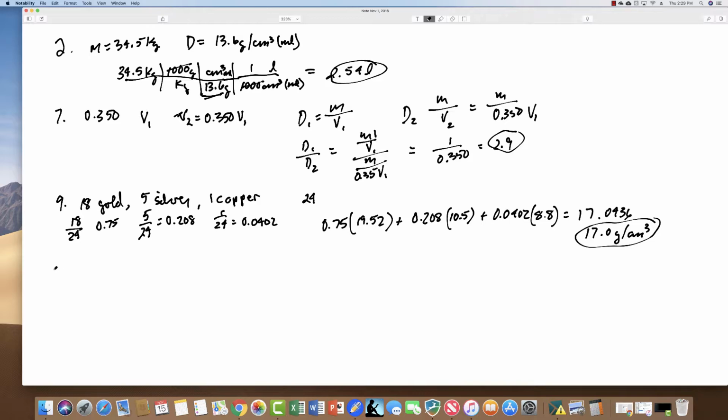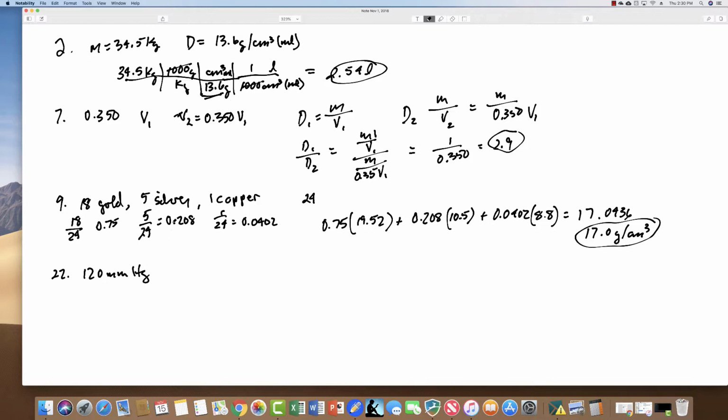The next problem is problem number 22, and now we're moving from the density problems into pressure measurement problems. And this first problem states the following. The left side of the heart generates enough pressure to give a blood pressure reading of 120 millimeters of mercury.